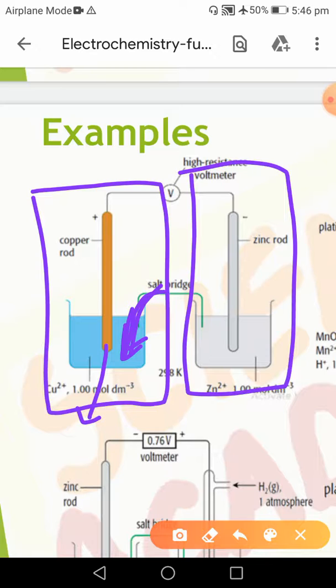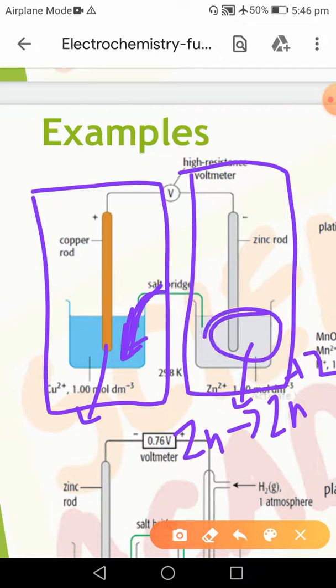Now if copper is reduced, then zinc must be oxidized, isn't it? That means zinc turns from Zn to Zn2 plus. So the amount of positive charge in this half cell increases.